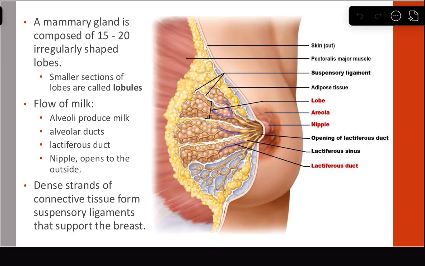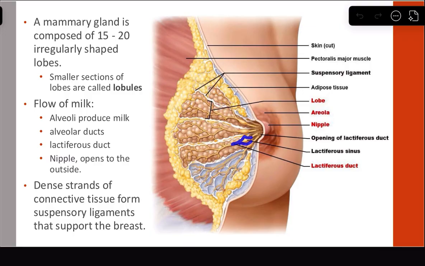Now, these lactiferous ducts, these little pipes, are going to join together to form an expanded storage chamber, the lactiferous sinus, as it's known. This is kind of like an ampulla of sorts, a widening of these ducts.